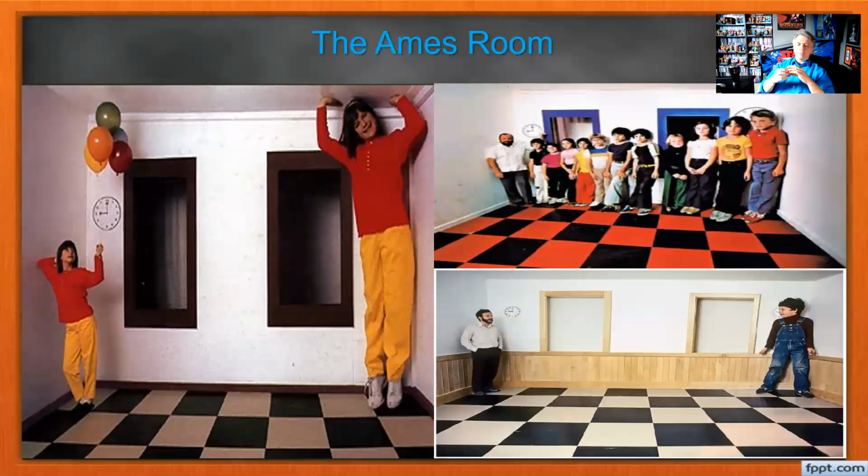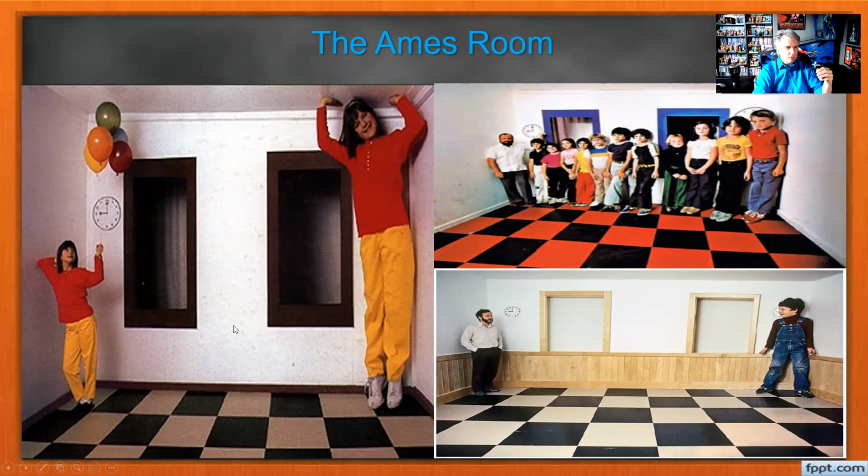The Ames room is a perfect example of this, because when we take a look at a room, what we're going to do is we're going to take a look at the cues and everything else. You take a look at these two girls in the room right here, and you see these two rectangular windows. You assume that they're both the same size and they're rectangular. When we take a look at the floor right here and we see all these little boxes, we make the assumption that all these little checkered boxes must be the exact same size and that this fits the rules of everything else.